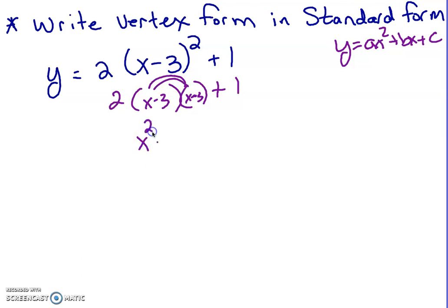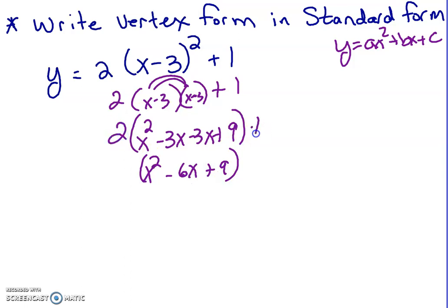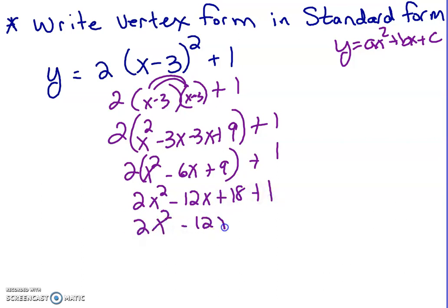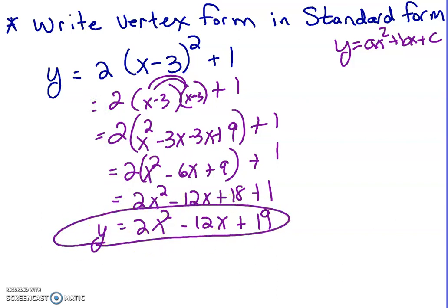So I'm going to get x squared minus 3x minus 3x plus 9, which is x squared minus 6x plus 9. And then I'm going to distribute the 2. So that's 2x squared minus 12x plus 18. And then I can combine like terms. So y equals 2x squared minus 12x plus 19 is the exact same graph.